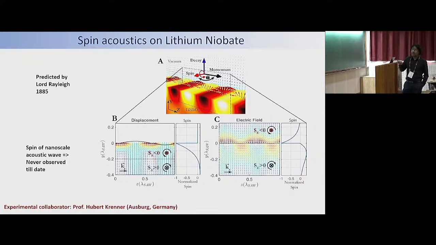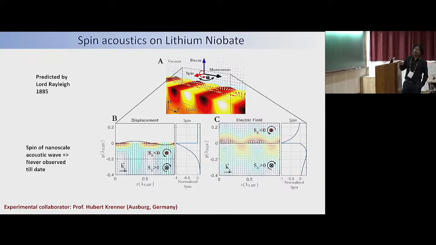As this surface acoustic wave propagates, near the surface, the pressure field couples to the electromagnetic field, and the local electric field rotates near the surface. The rotation direction is locked to the momentum. So you can think of it as a triplet.